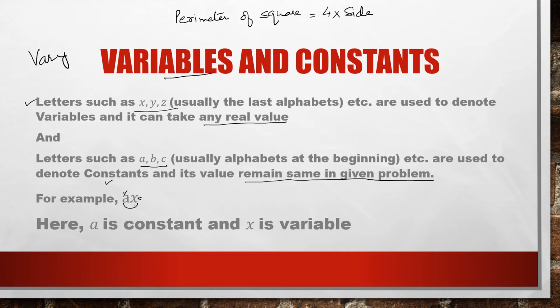Now the side of the square can be any length, right? The side length can be anything. But the 4 stays fixed, so 4 here is a constant. We take the side as x, so it can be written as 4x. Now what is the 4 here? 4 is a constant and x is a variable. Okay, now if we have to write this in general, we can also write it as ax. So depending on the question, we take variables and constants.